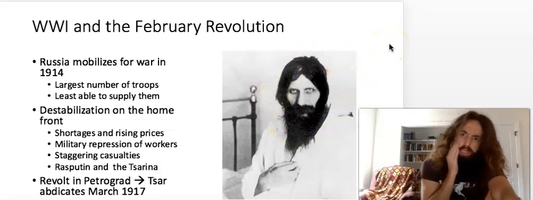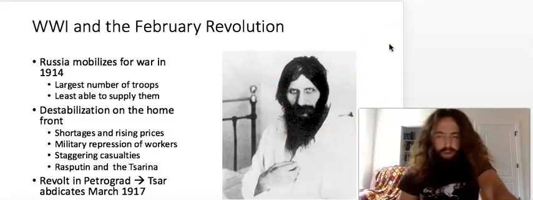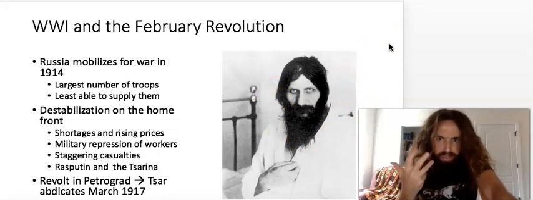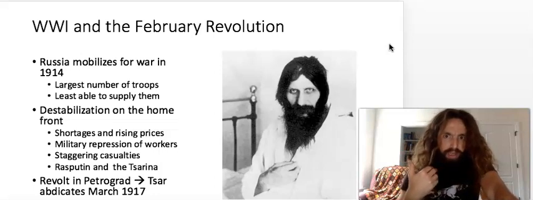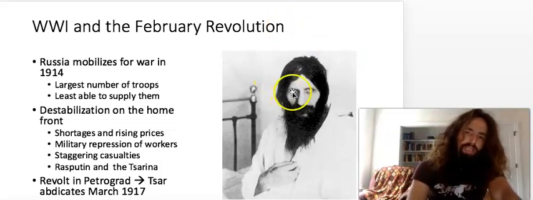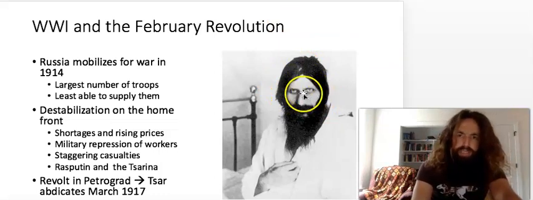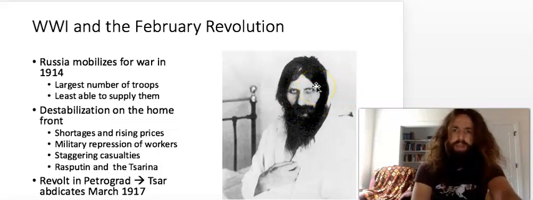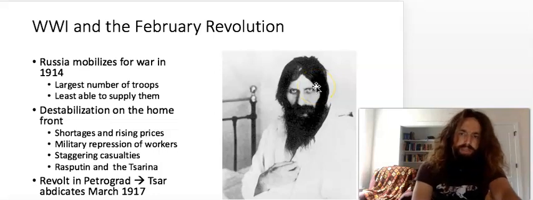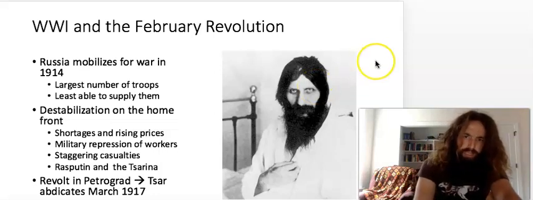Rasputin, dressed like a peasant, barely ever washed, had dirty nails and greasy hair and a beard, and these weird hypnotizing eyes. And the Tsarina was totally obsessed with him. Many people suggested that the Tsarina had a sexual relationship with Rasputin, and that Rasputin had somehow brainwashed the Tsarina into listening to whatever he said.